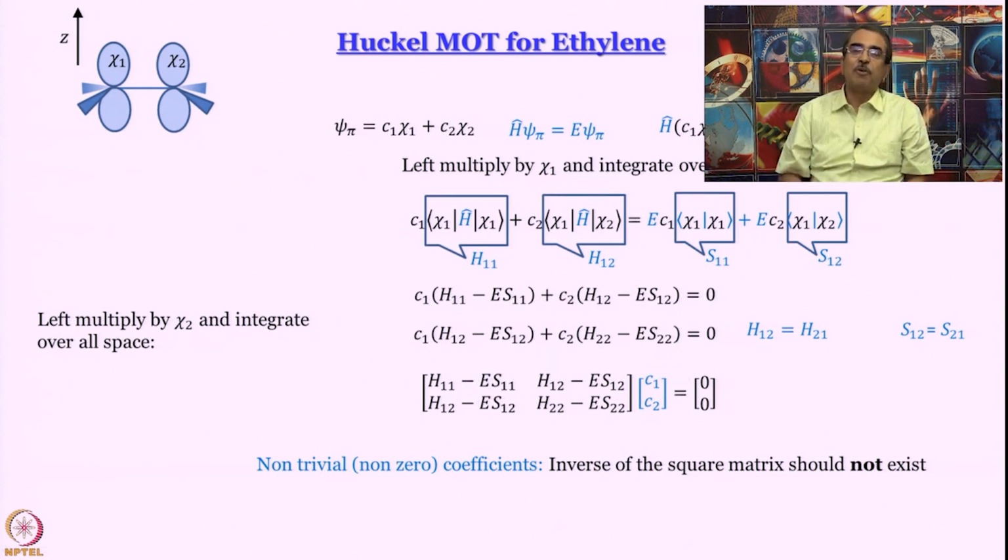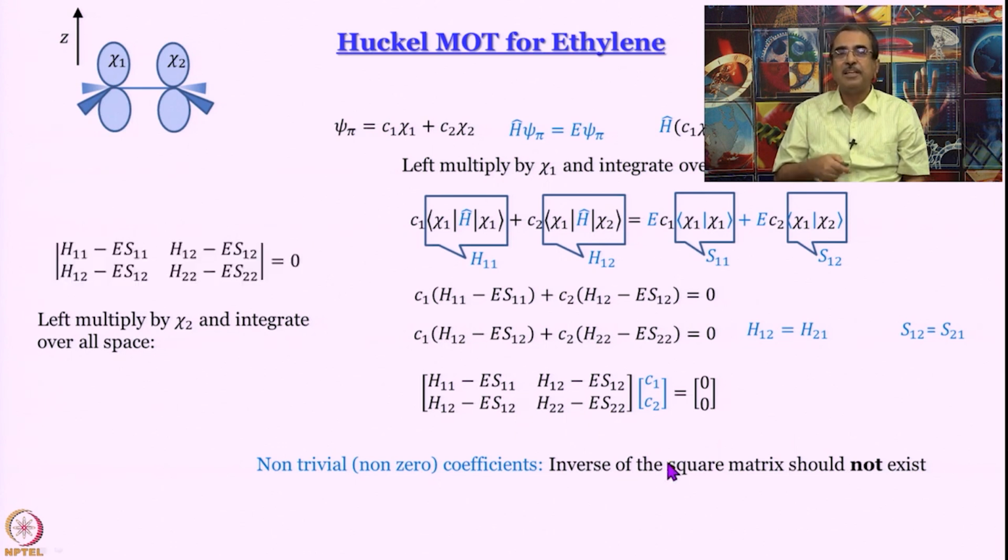What is the condition for an inverse of a matrix to exist? The condition is that its determinant should not be equal to 0. Here we want the opposite thing, we want the inverse to not exist. So, the condition is that the inverse of the square matrix should not exist, therefore, the determinant of the square matrix should be equal to 0.